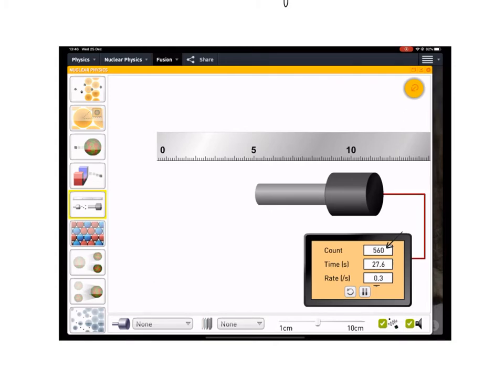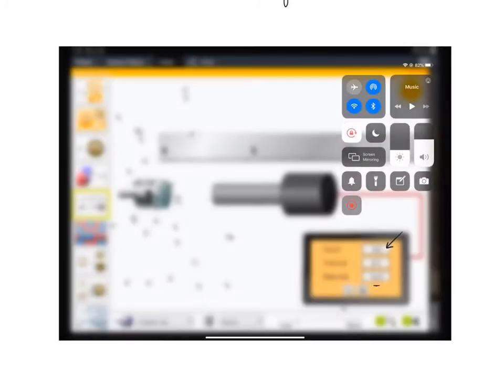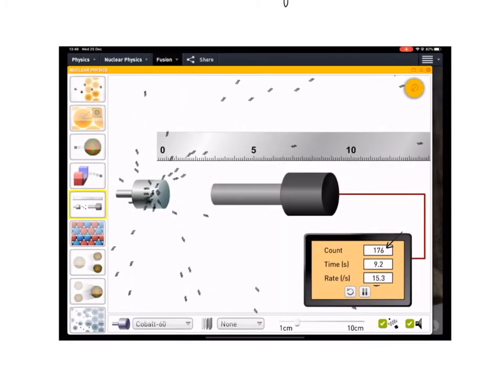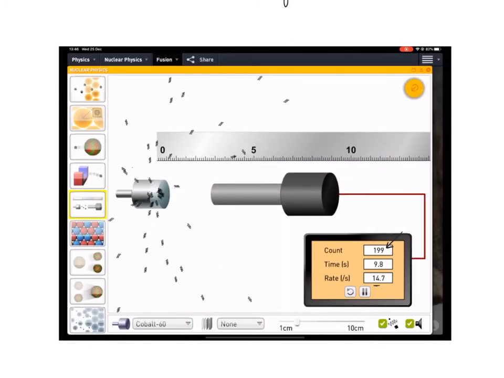I'd like to make an important point here. If I play this again without the sound, you will notice that this source is emitting a large number of particles per second. In comparison to the number that are being detected by this counter, we're only detecting the particles which are emitted along a very narrow range of directions.